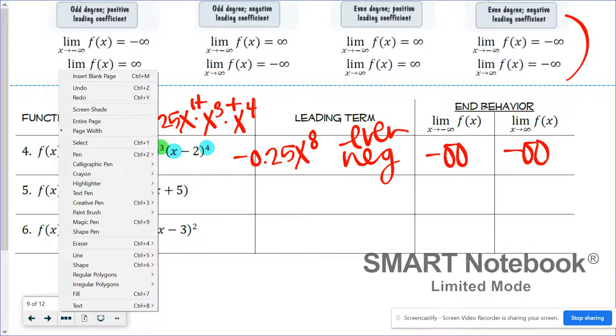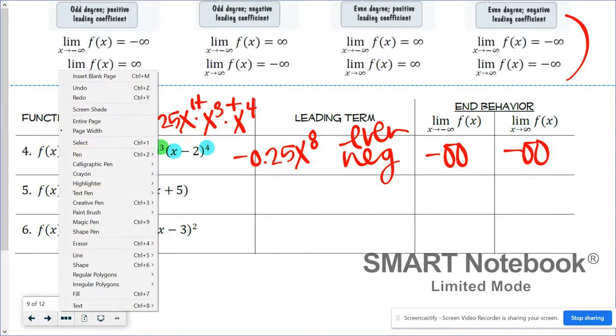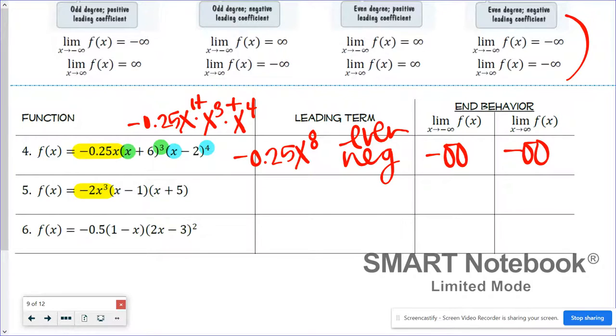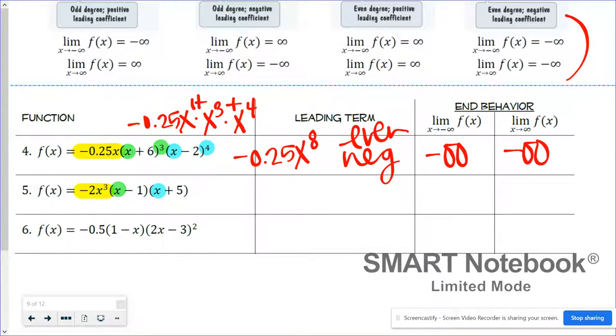So you could pause the video, try 5 and 6, check back in with me. So in number 5, the leading term of our first factor is negative 2x cubed. The leading term of our next factor is x. The leading term of our last factor is also x.